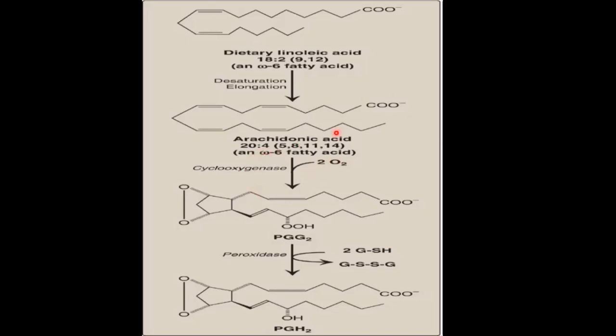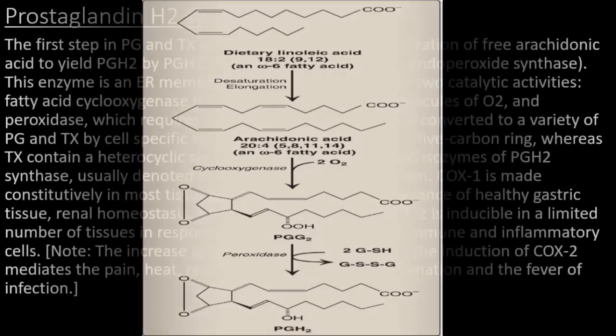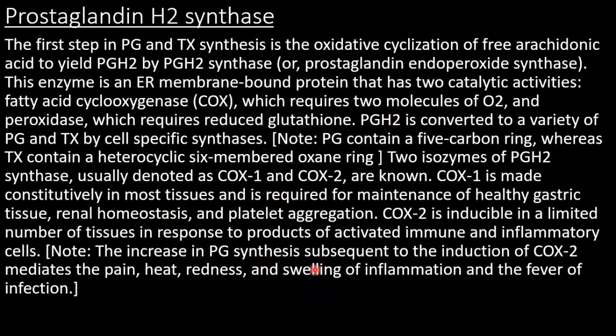Okay, then once formed, it will be incorporated into the membrane phospholipids. Then when needed, it will be cleaved by phospholipase A2. Then it will be acted upon by the prostaglandin H2 synthase, which has both cyclooxygenase and peroxidase activity to give you prostaglandin H2. Let's look now at that prostaglandin H2 synthase.